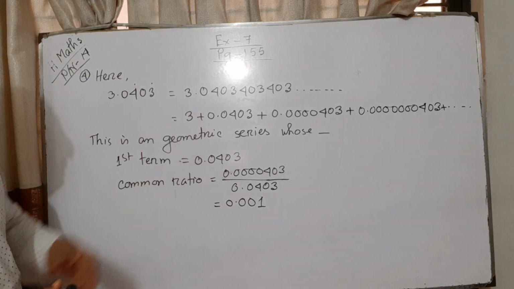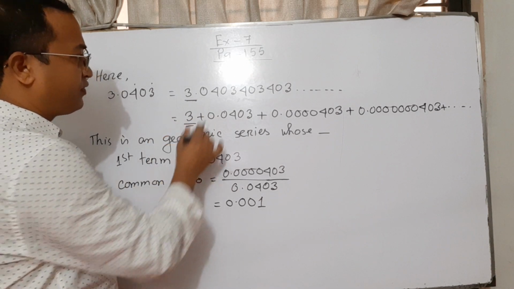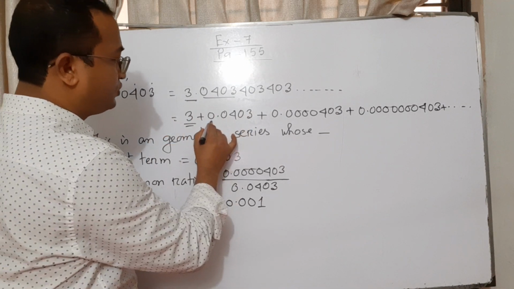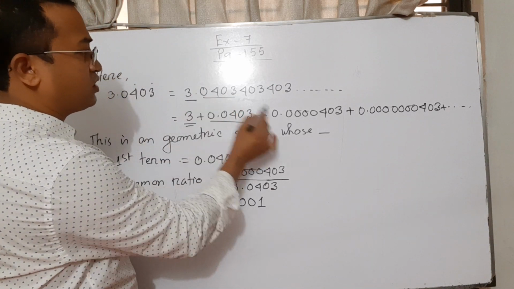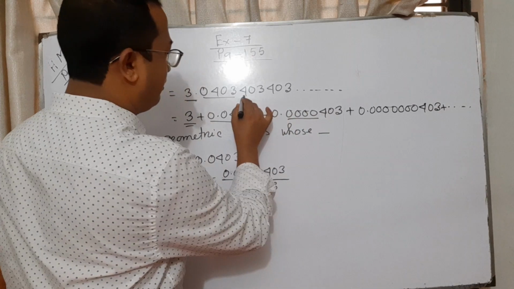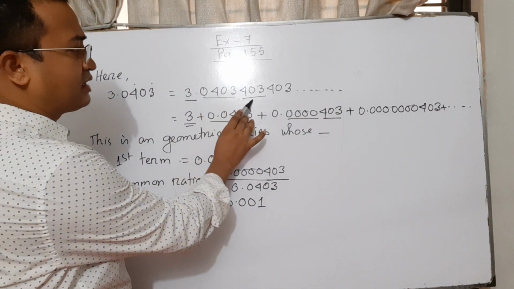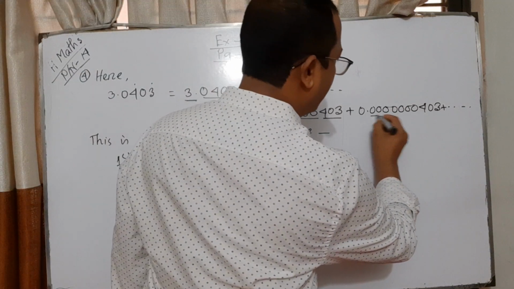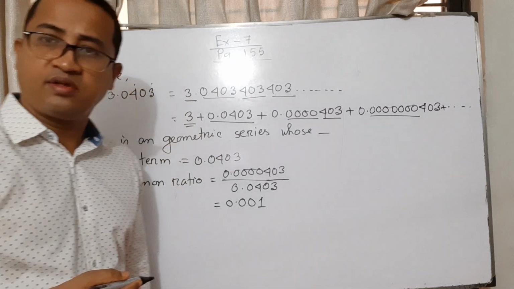Now we can write this as an integer part, then this fraction: the 4 digit becomes 0 and then 3, then 0, then 403, like this.